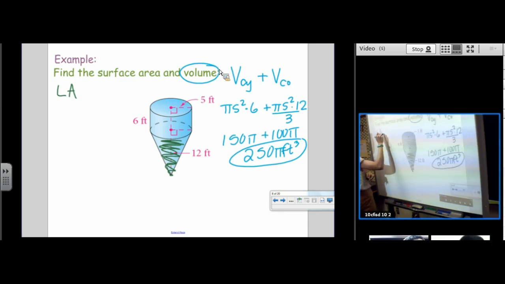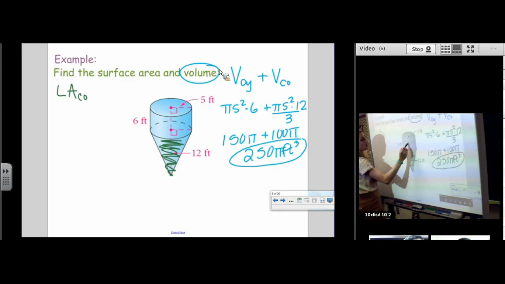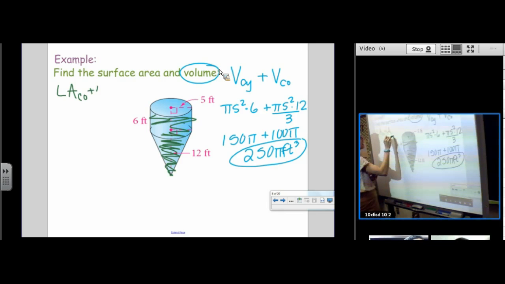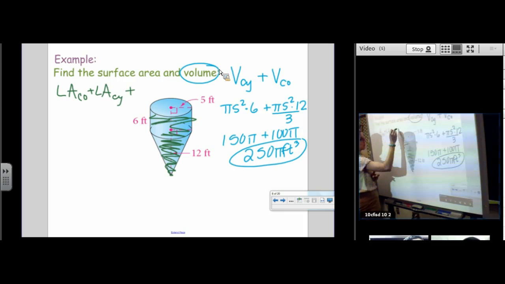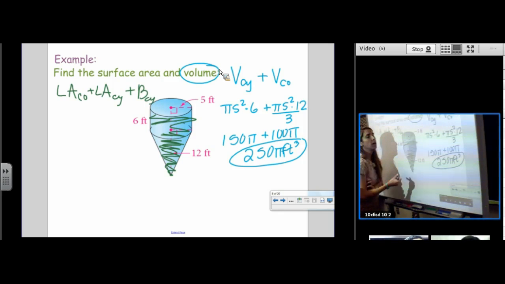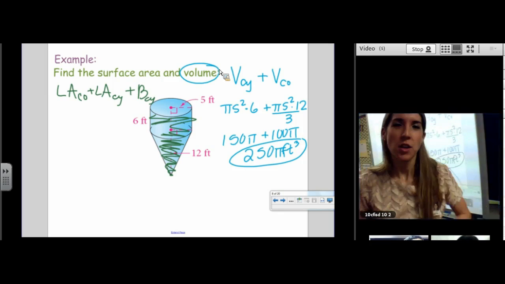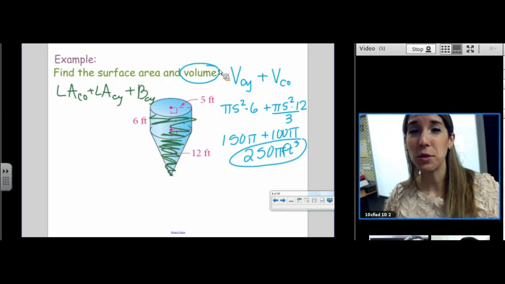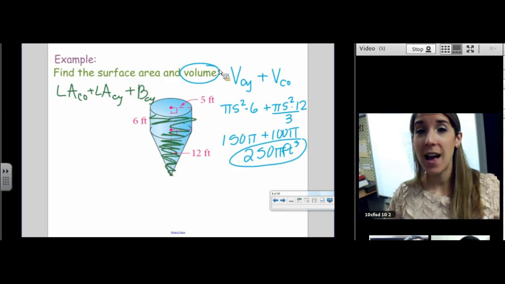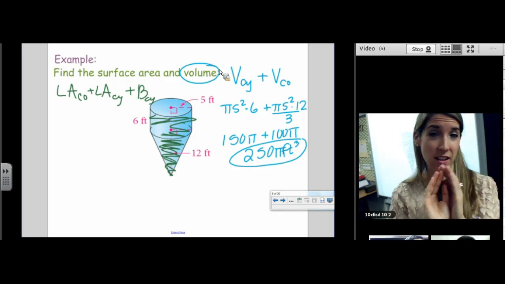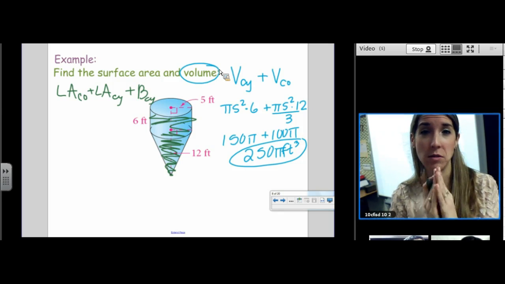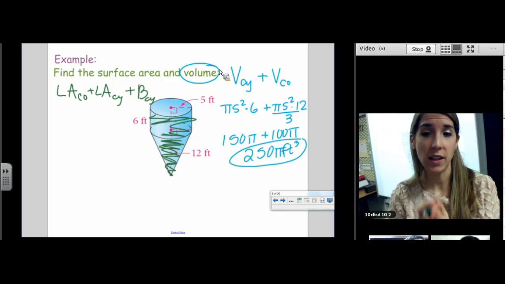Then we're going to find the LA of the cylinder, and then we're going to find, well, yeah, one base of the cylinder, or just the area of the circle. You could also think of this as finding the total surface area of the cone plus the lateral surface area of the cylinder. There is more than one way to approach it. So if you're approaching it differently, that's okay.